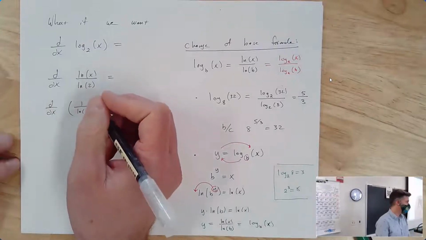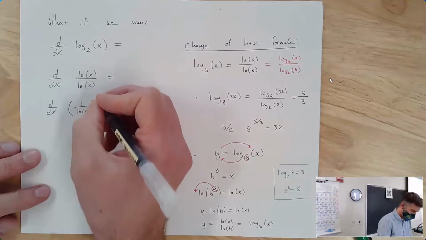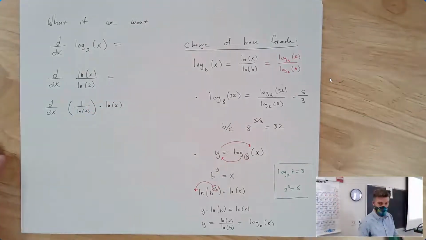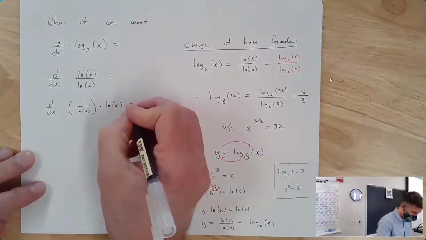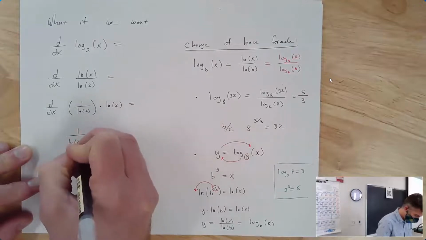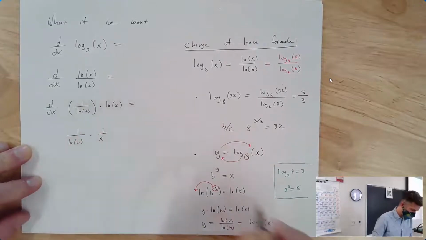I don't know what it is, but it's something, times the natural log of x, which is not constant. And the derivative of a constant times a function is the constant times the derivative of the function.